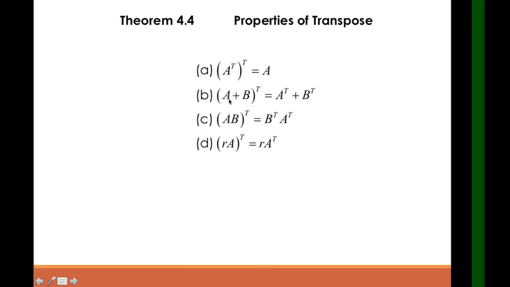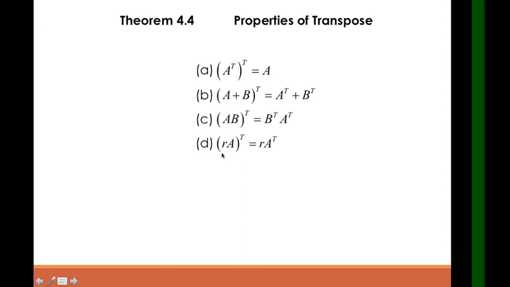So for letter B, we have quantity A plus B raised to T is equal to, just like distributive, we will distribute the exponent, which is T. So A raised to T plus B raised to T. For letter C, we have quantity AB raised to T, which is also equal to B raised to T and A raised to T. So as you can see, we exchange A and B here.